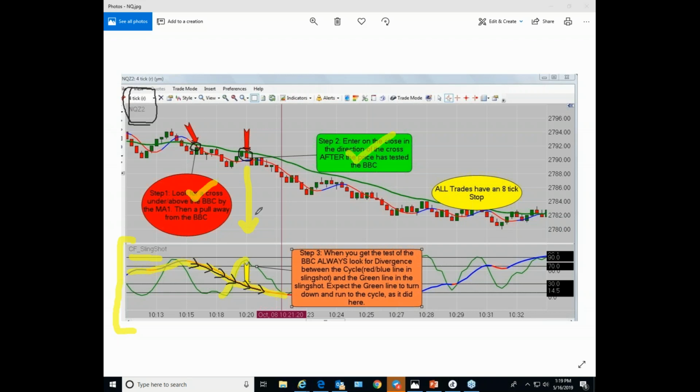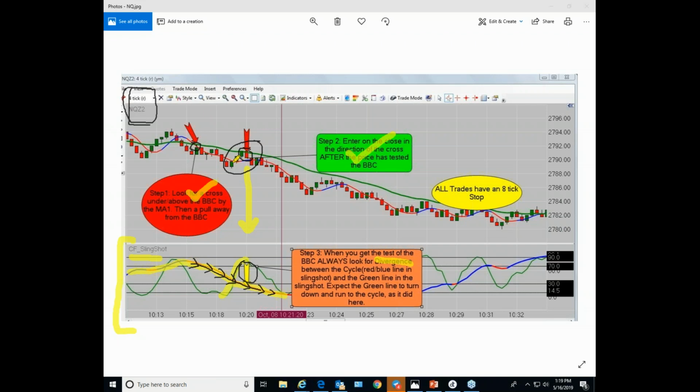What this green line pulling away from the cycle is telling us, with this price action up here, is that this is just a pullback in this ongoing downtrend. And this space in between the green line and cycle is the divergence or the separation that Mike's talking about in the trading room. So we have a market that has some bearish momentum, set by the cycle.